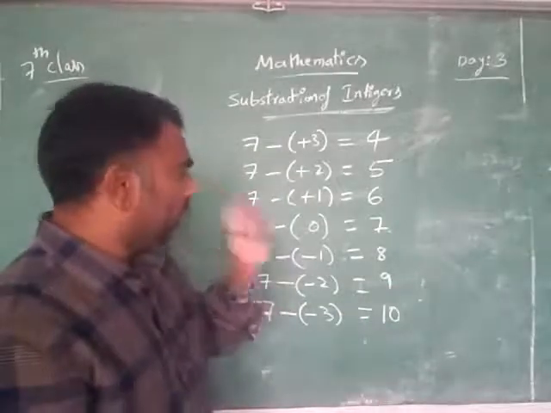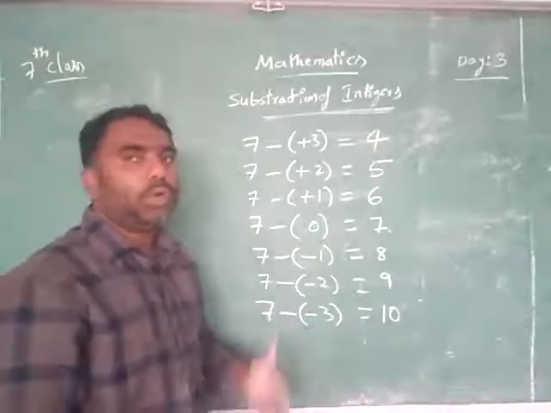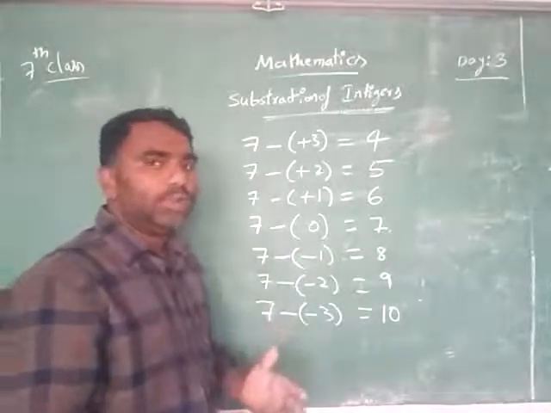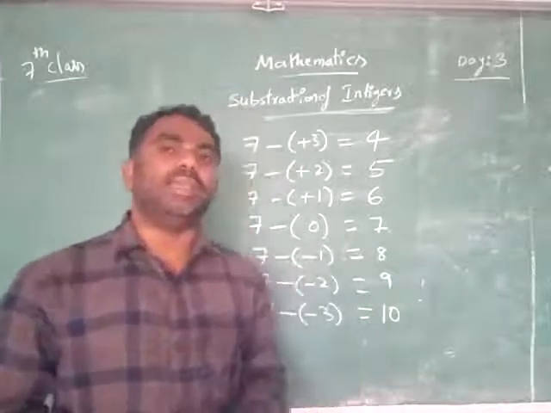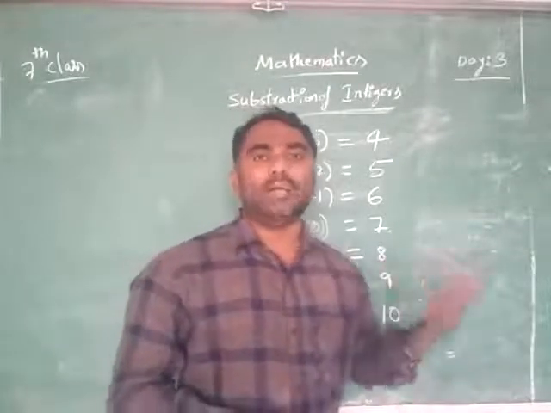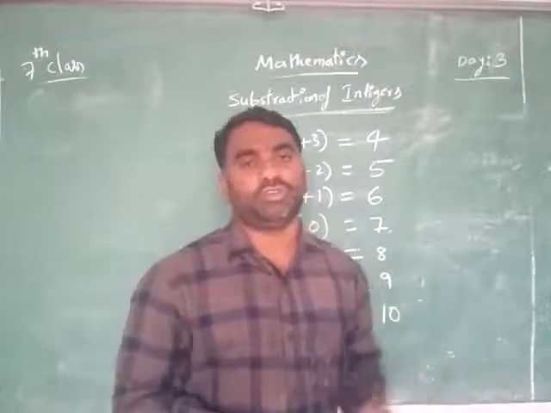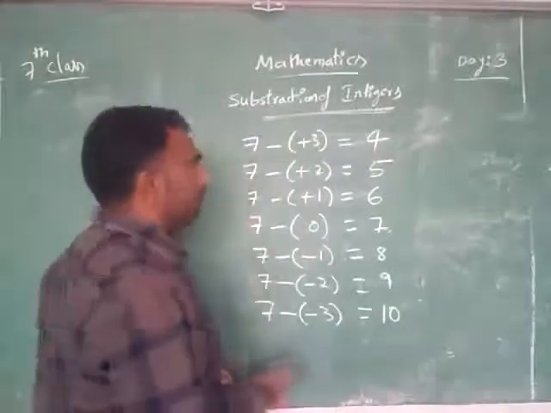So we have written the answers, but how are we getting them? What is the way we are following? I told you, when we are using the number line, the important thing is whether we need to move backward or move forward. That is most important, so observe carefully here.